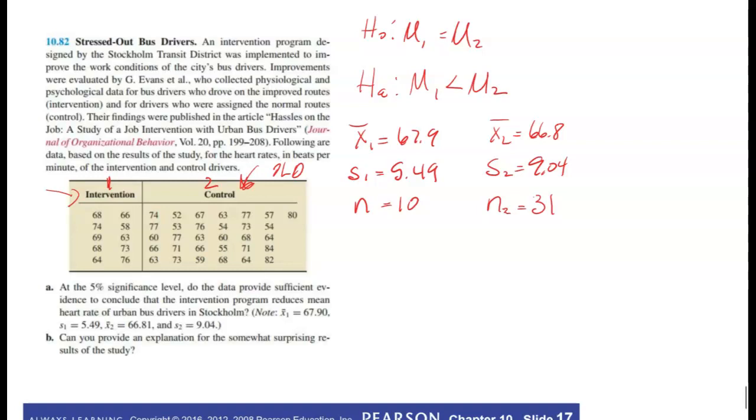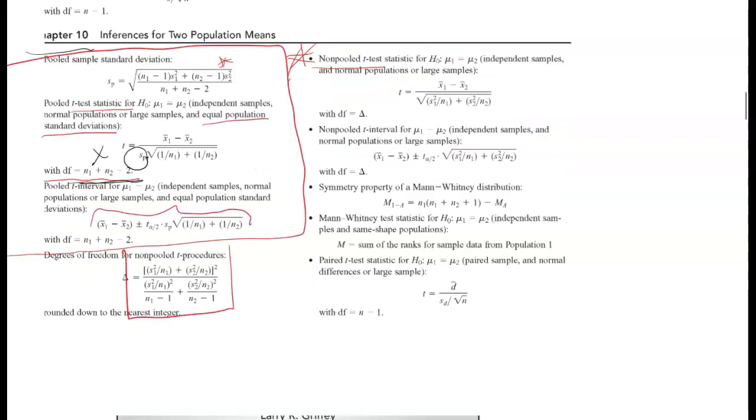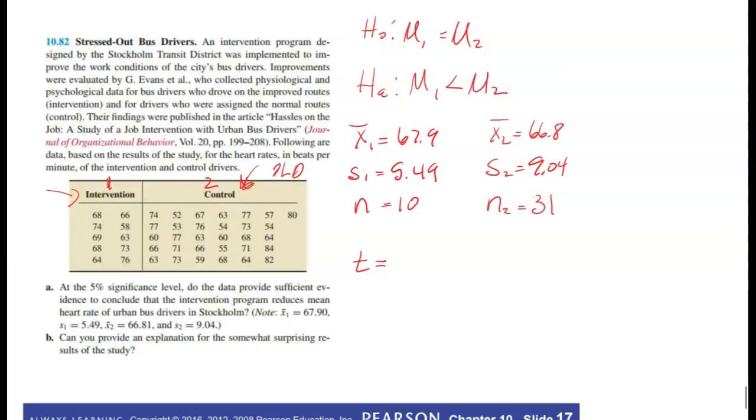There is no S sub P. We don't need to do that, so we can jump right into our test statistic. If you look at your formula, it's x bar 1 minus x bar 2, divided by the square root of the standard deviation 1 squared divided by n1, plus standard deviation 2 squared divided by n2. So let's plug that in.